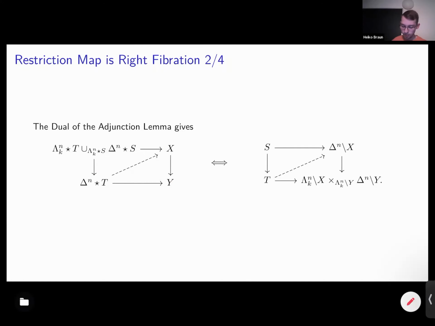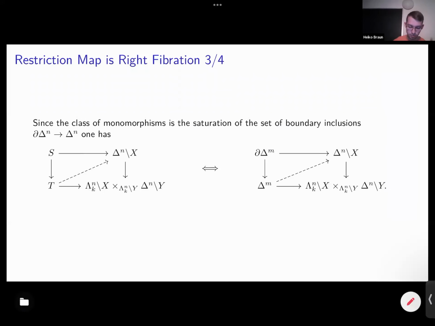And now again, we copy the right-hand side to the left. And now we use that S to T was actually assumed to be a monomorphism. We only need to apply this to the case of monomorphisms, and this is also the situation where we can make the crucial reduction step.